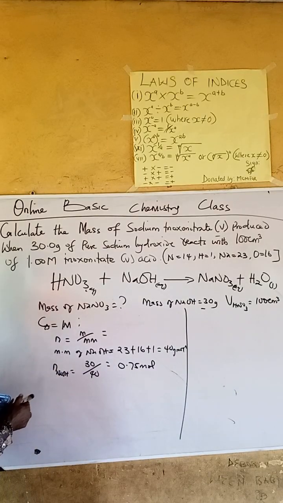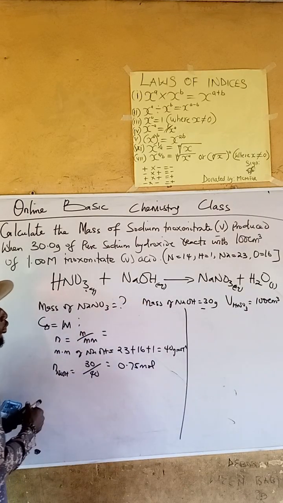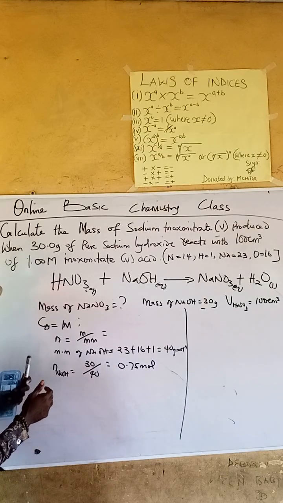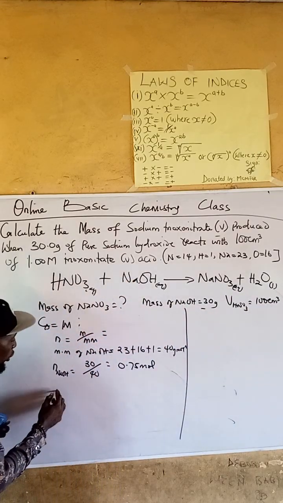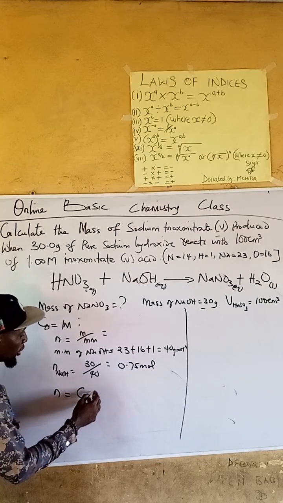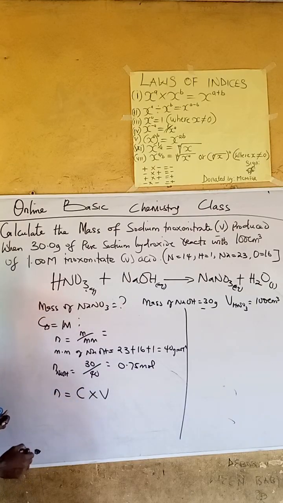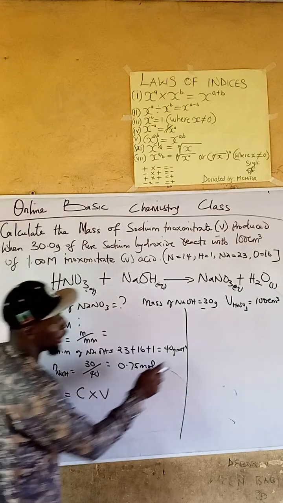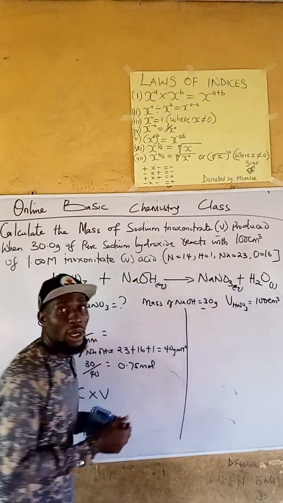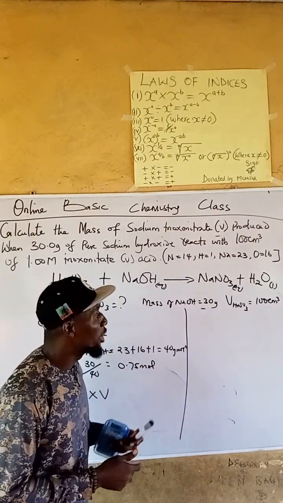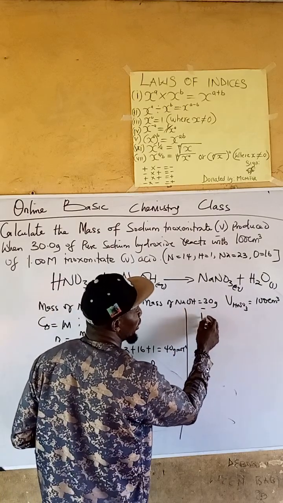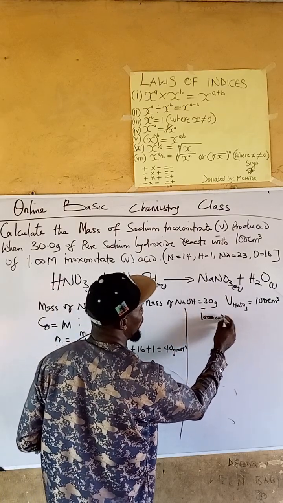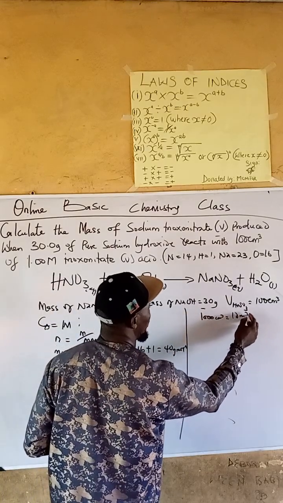Now let's get the moles of the acid. Knowing that we are given volume and concentration, we know that n equals concentration times volume. But you should convert this volume to dm cubed. Remember that 1000 cm cubed is equal to 1 dm cubed.